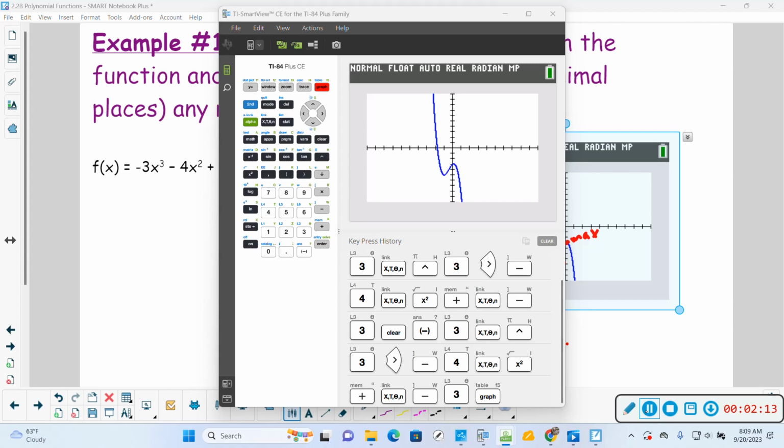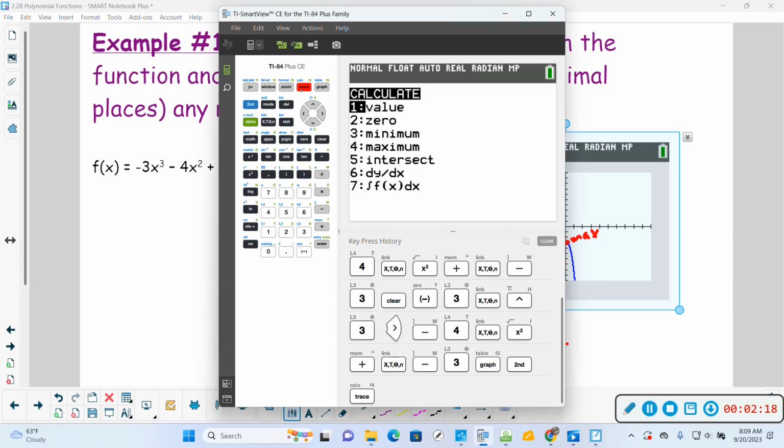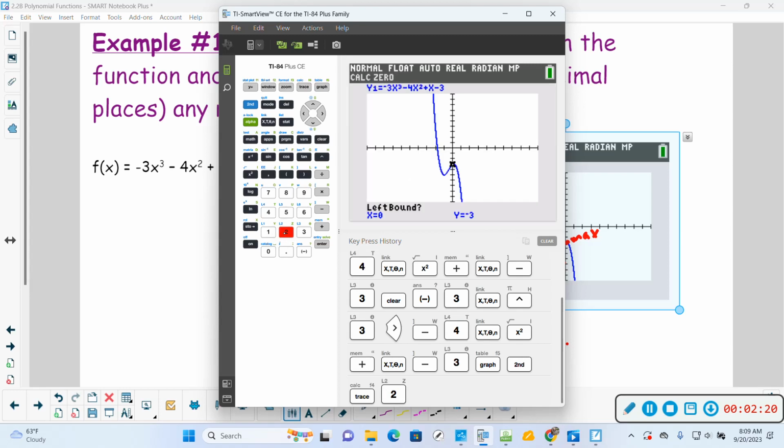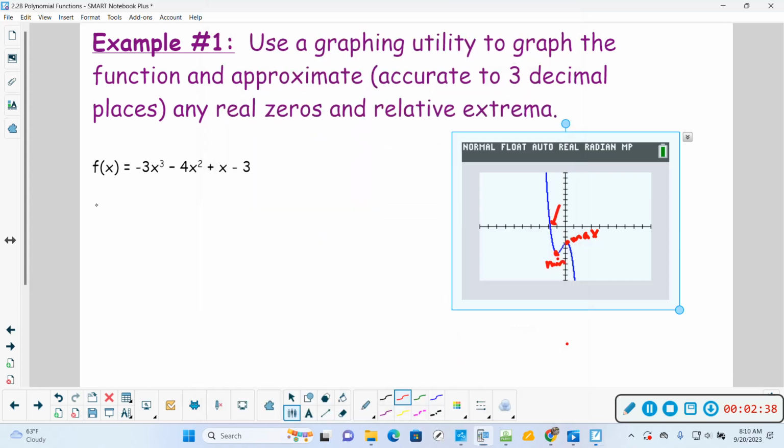Now I'm looking at that 0, and it looks close to negative 2, but we want to get it a little more accurate. So I'm going to do my second trace, number 2. I'm going to left arrow and put my cursor somewhere over here, anywhere above your x-axis. I'm going to hit enter, below the x-axis, so right arrow now. Hit enter. Nobody wants to guess. I don't know why that's even a feature. And there we go. So we're going to round that to 3 decimal places. So I'm just going to put negative 1.819.